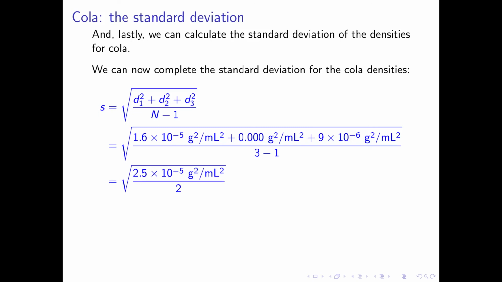This simplifies to 2.5 times 10 to the negative 5 square grams per square milliliter divided by 2, all under the square root sign. When we divide, we get 1.3 times 10 to the negative 5 square grams per square milliliter. And lastly, we can take the square root, which results in a standard deviation of 0.004 grams per milliliter.